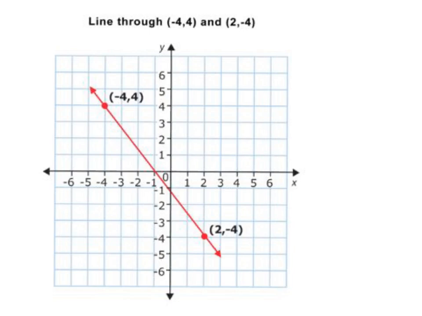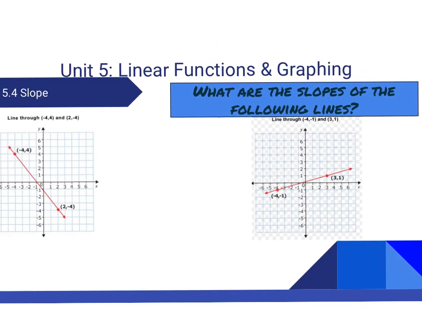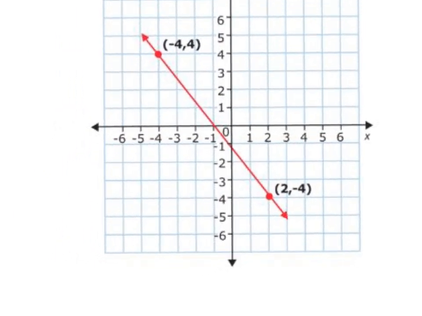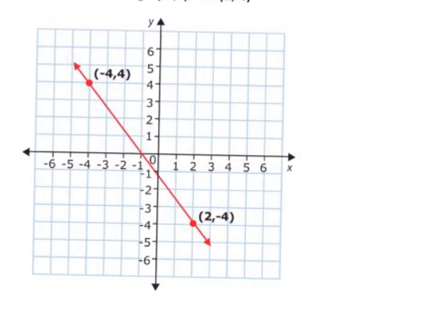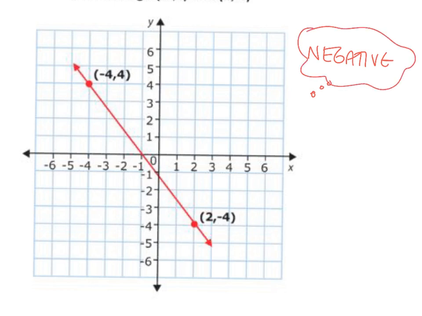Here I have a line. I am asked to find the slope of the line right here. Just by looking at it, what kind of slope do I have? Downhill, which is called? Negative. So I know it's a negative slope. I'm going to keep that in my head, so that when I get an answer, my answer is going to be negative.